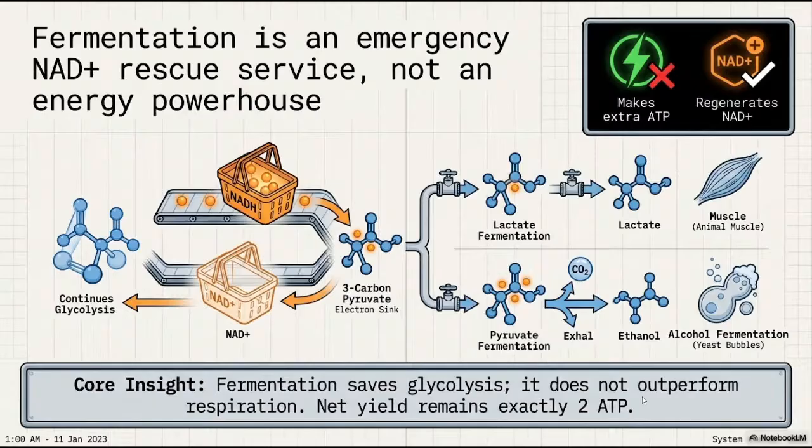It cannot outperform respiration. Don't think that fermentation is more super than glycolysis. No, because the net yield is still going to remain 2 ATP at the end of the day.